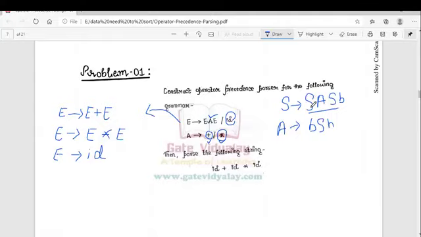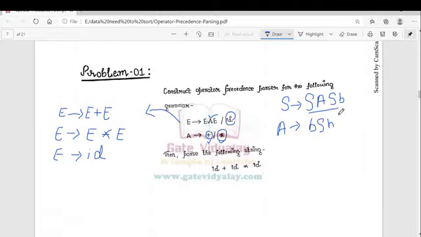So we will discuss it later. Now in this lecture, we will mainly focus on how we can construct an operator precedence parser.